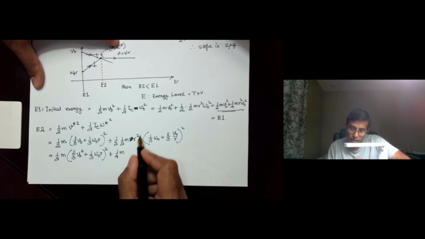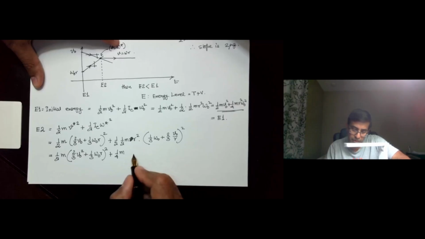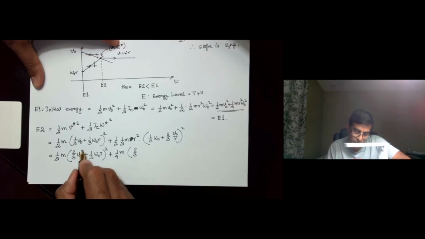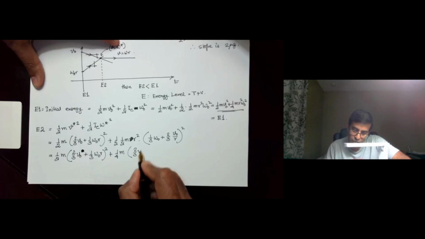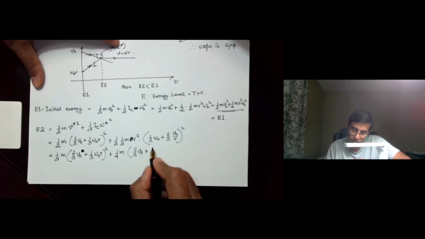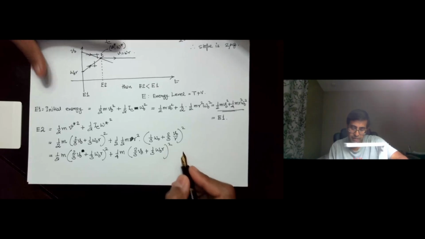This r squared in the denominator will cancel the r squared in the numerator, and I'll be left with 1/4 m outside the parentheses, and inside the parentheses it's going to be, oh sorry, this is not V naught squared, it is V naught, 2/3 of V naught plus 1/3 of omega naught r whole squared.